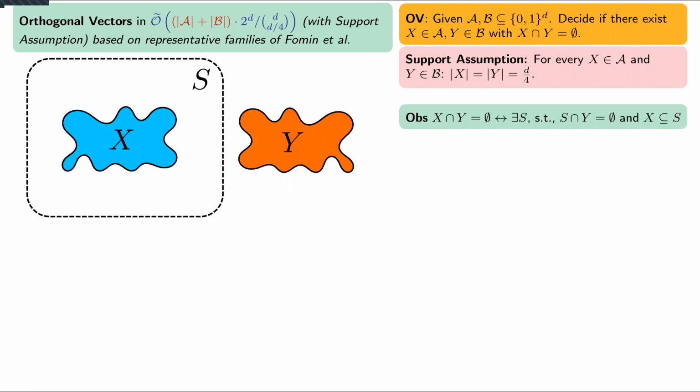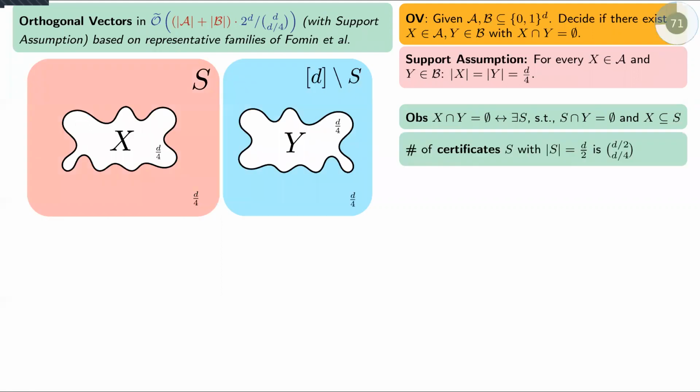If such a set S exists and you only know that it contains X and is disjoint from Y, then you know for sure that your sets are disjoint. We will call this set capital S a certificate of disjointness of X and Y.